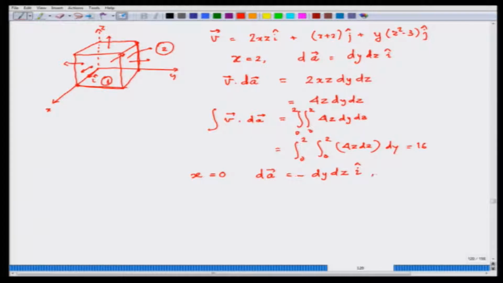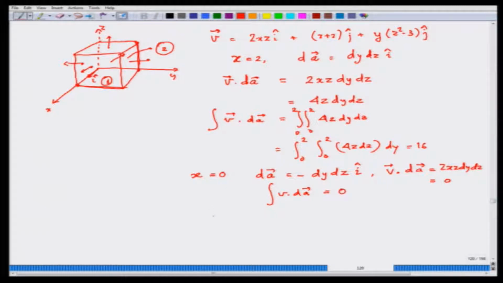Again v dot dA is the same thing, 2xz dy dz, but because x is 0, this is 0. So the integral of v dot dA on this part of the surface is 0.